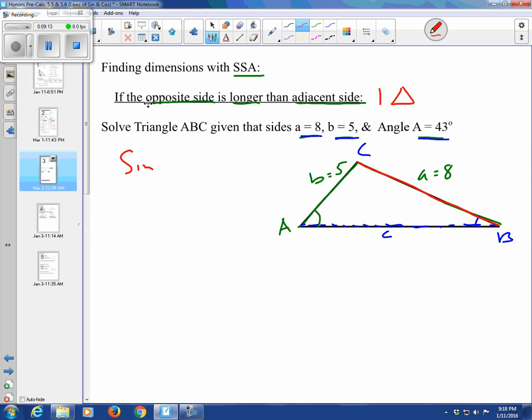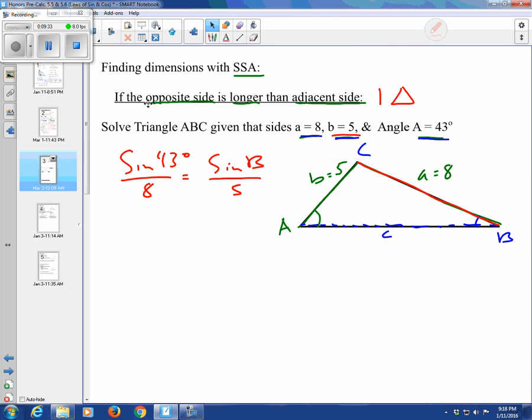So right here, we're going to say that sine of 43 degrees over our side of 8 is going to be equal to the corresponding ratio with the other dimension that we're given. So we're going to be able to say sine of B over, we don't have B, but we do have the side B of 5.